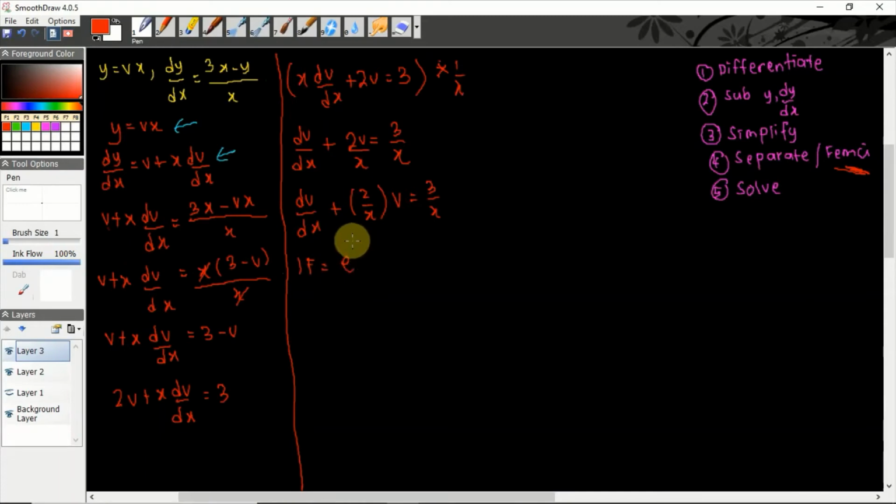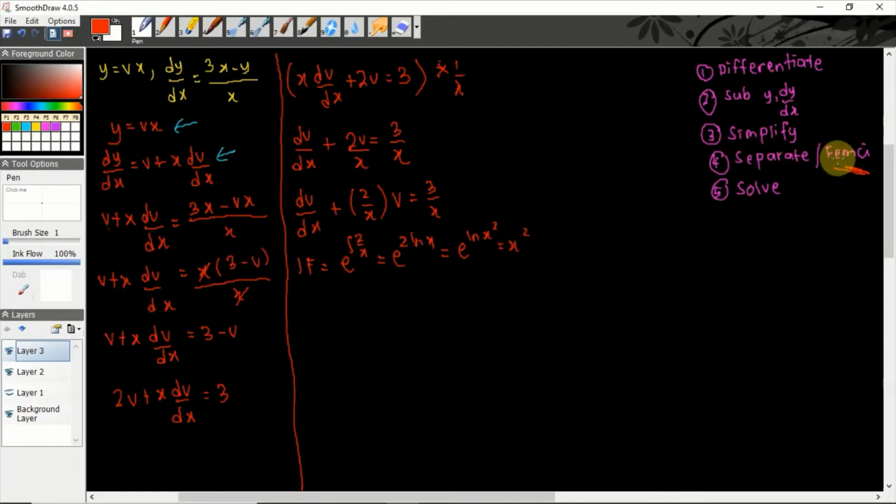Before this it was the function beside y, now it's the function beside v, which is 2 over x. Then we integrate, it becomes 2 ln x, which is e to the ln x squared, which is x squared. So our integrating factor is x squared.